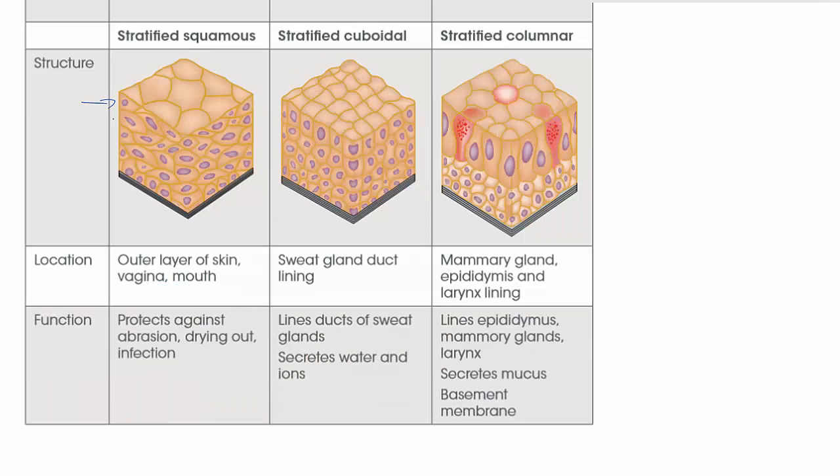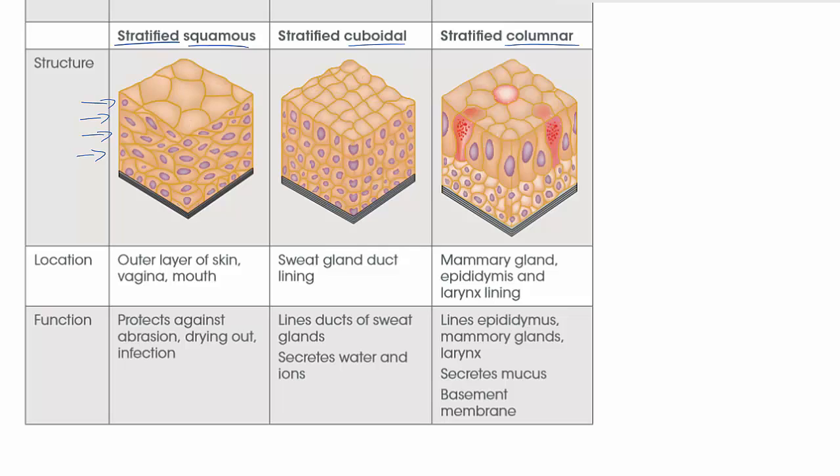If there are multiple layers of epithelial tissue on top of each other, it's actually referred to as stratified. Stratified meaning multiple layers. They still gain their second name from the shape of the cells. So squamous again for flat, cuboidal and columnar. And the structure of these types of epithelial tissue relates directly to their function.